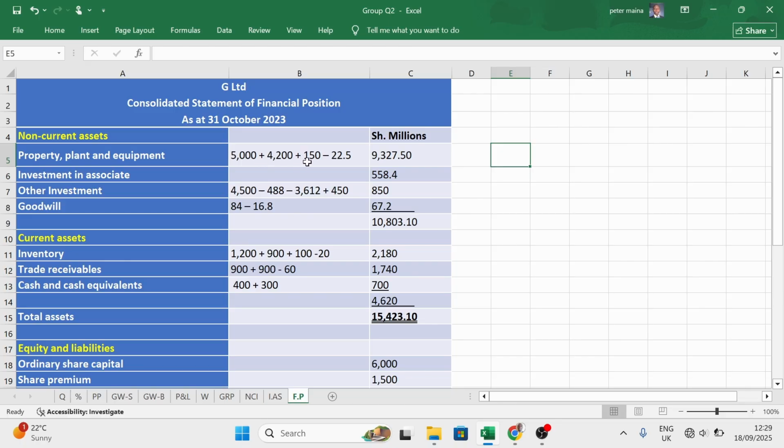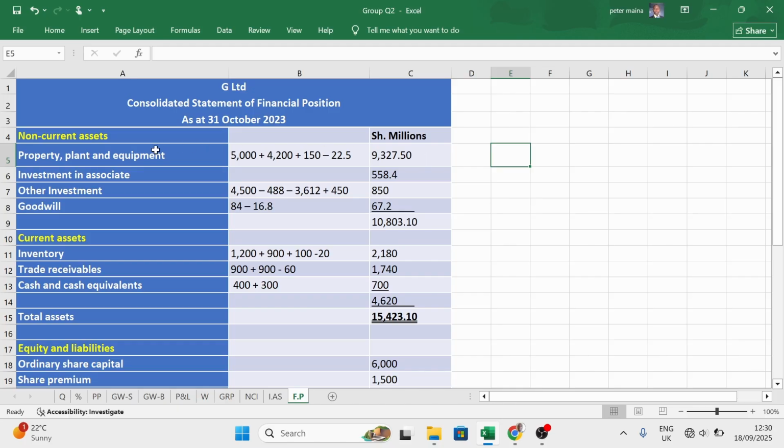Then we have also added the revaluation gain of 150. We have deducted the depreciation on the revaluation gain, which was 22.5 in total, not the share of the parent or the minority, but the total depreciation adjustment, and that is how we have obtained this figure.